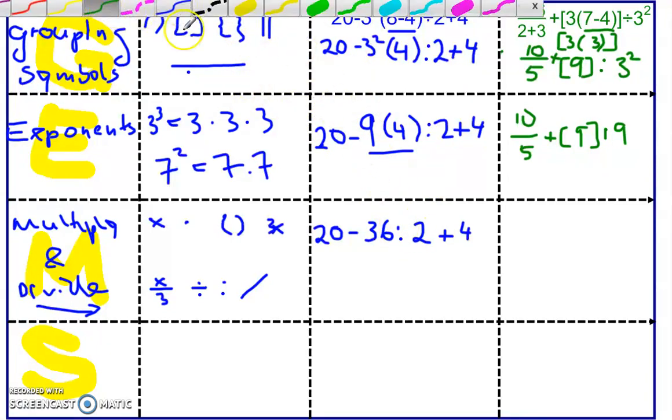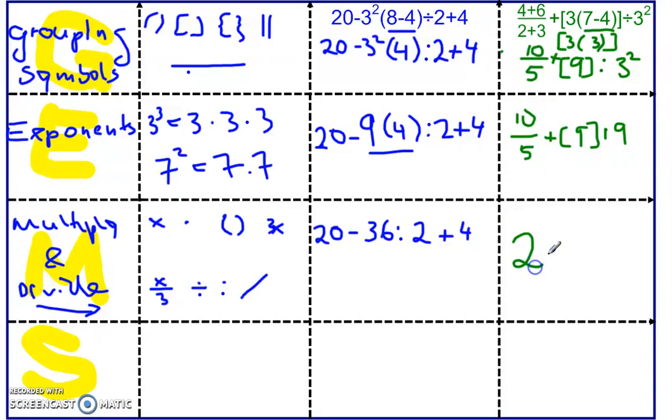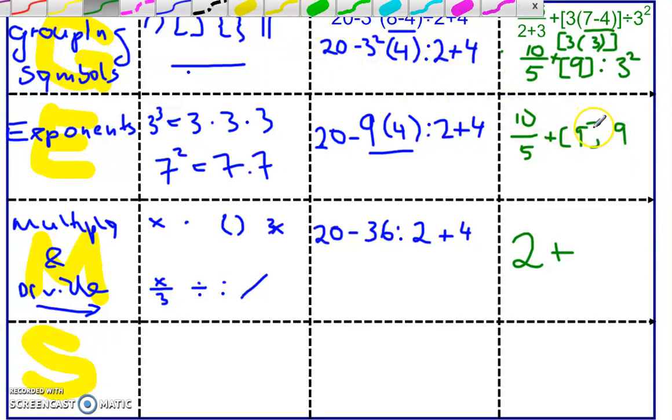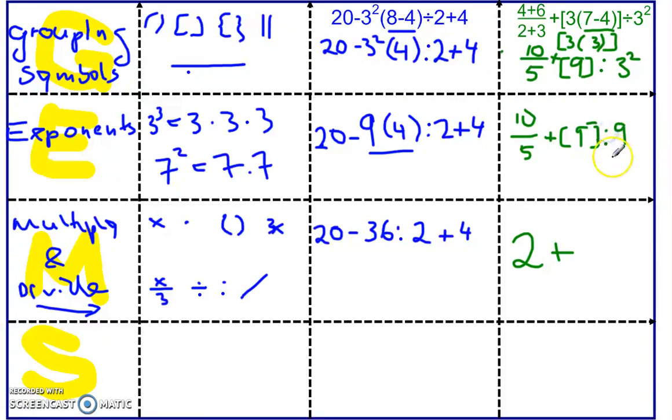And then over here we have a division. 10 divided by 5 gives us 2. And then, nope, this is also a division. Here we go. This said divided by 9, which is 1.